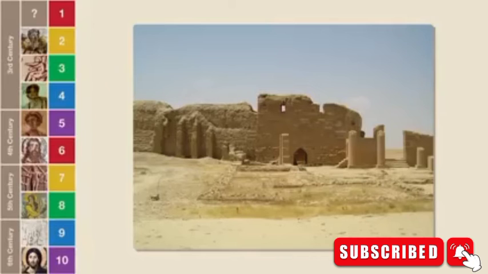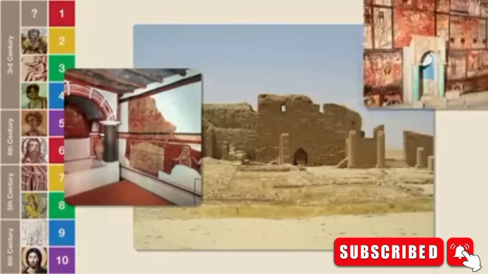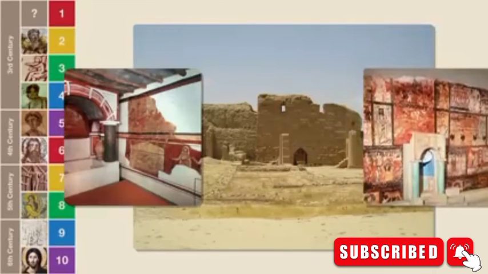Luckily for archaeologists, it was abandoned soon thereafter and never rebuilt, and therefore it is a bit of a time capsule. Located at Dura Europos is the oldest church ever found, as well as one of the oldest synagogues. Both contain artwork.